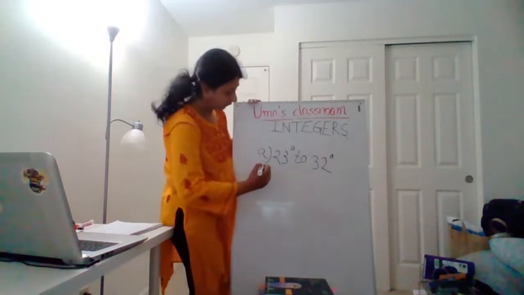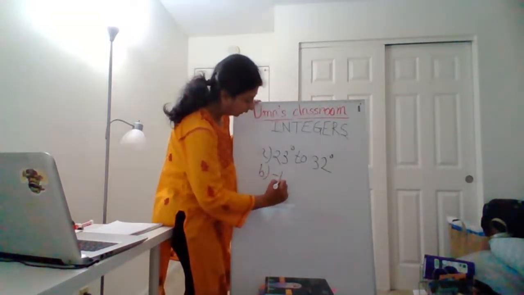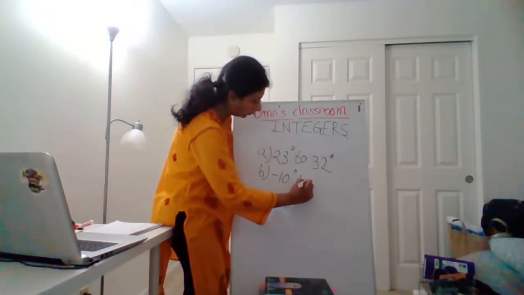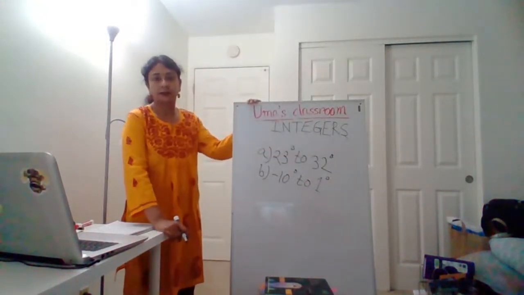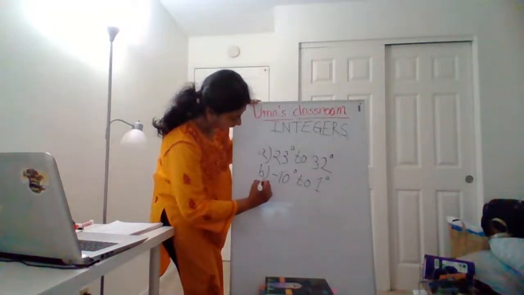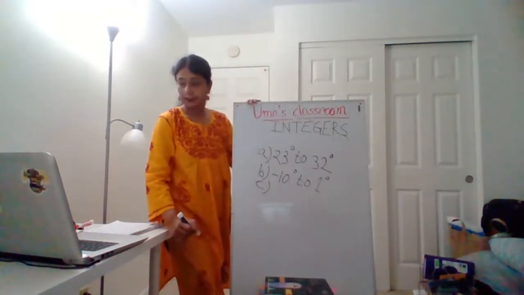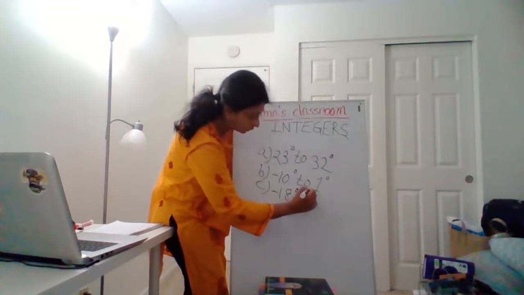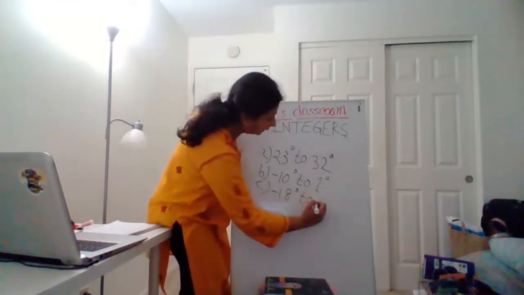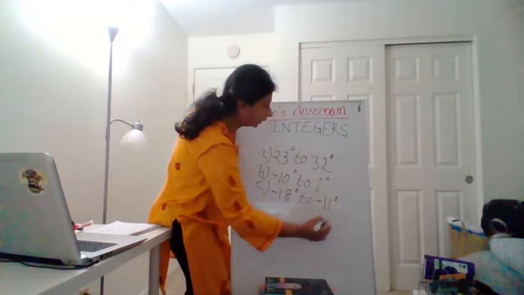Next one is option B, -10 to 1. Option C is -18 to -11.